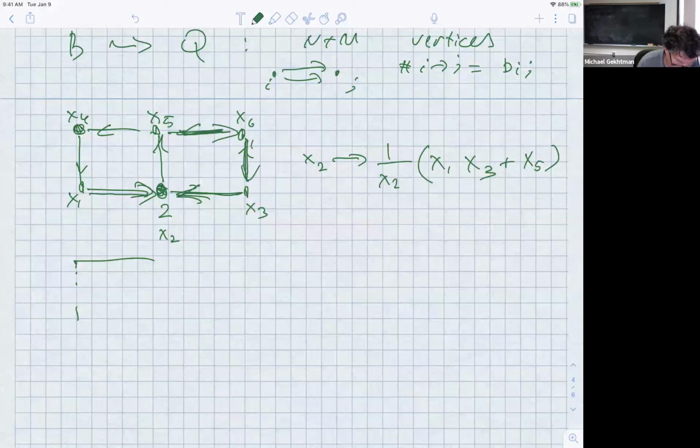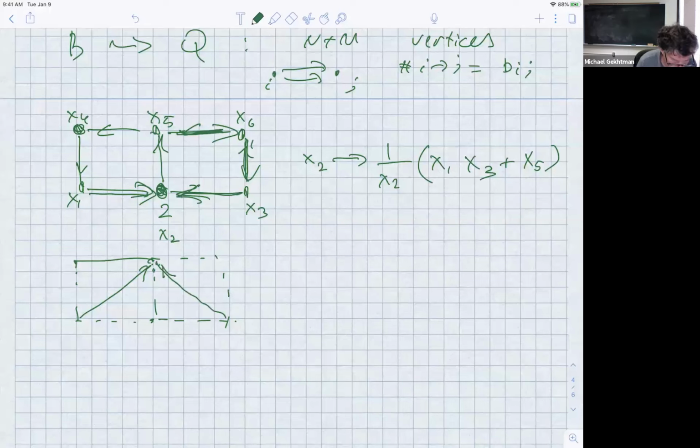And so, as I said, first of all, I will draw a shortcut, right? So there is a path from x1 to x5 through x2. So I'll draw a shortcut. There is a path from x3 to x5 through x2. I draw another shortcut.